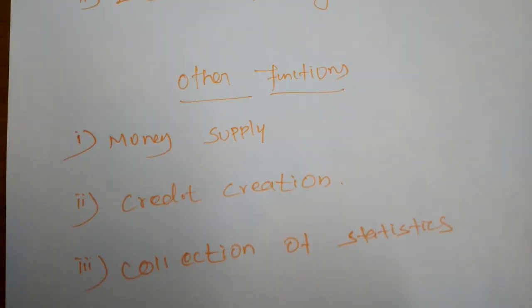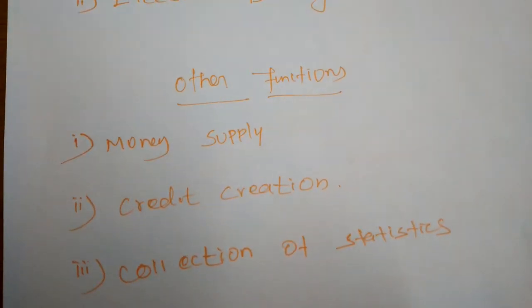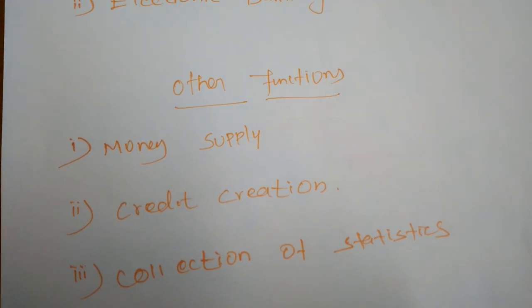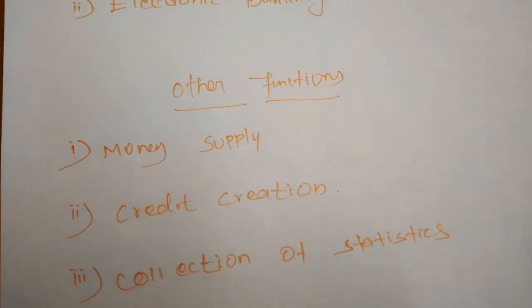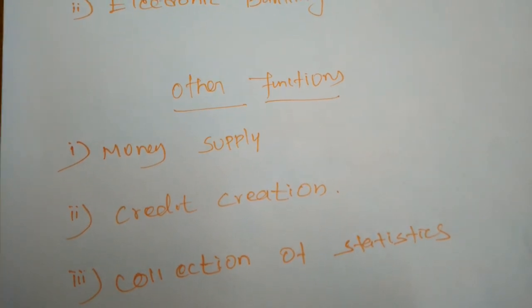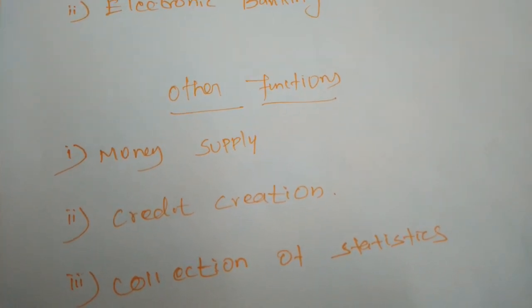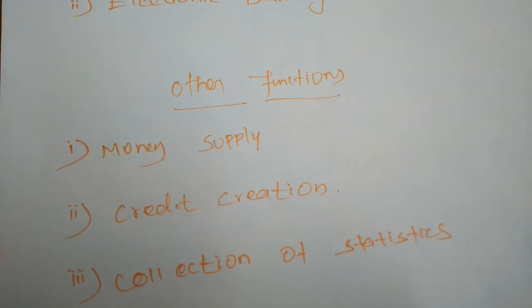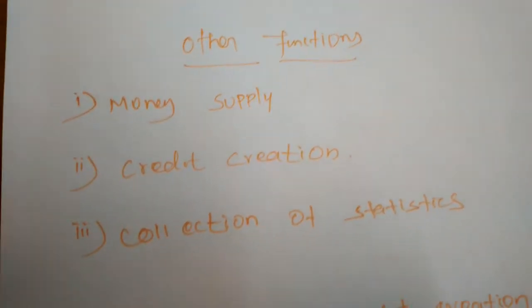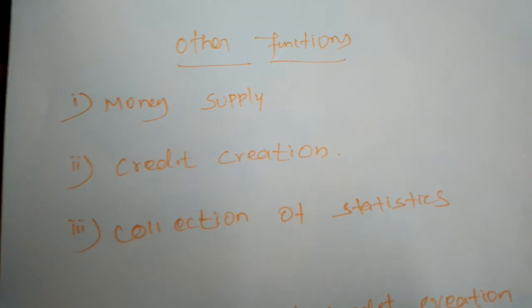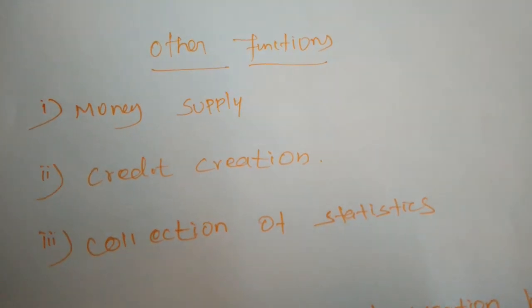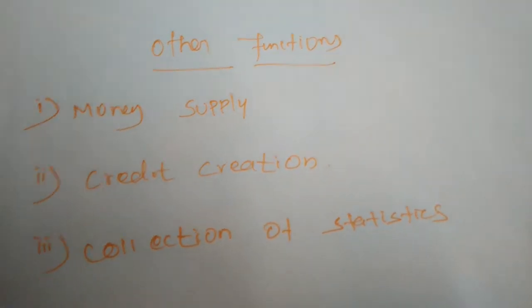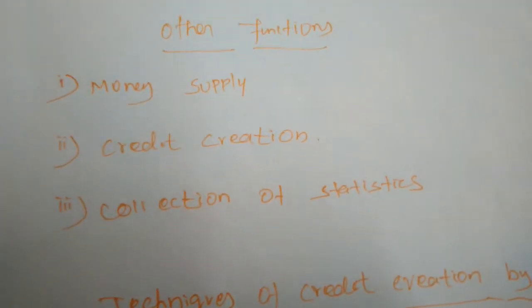For instance, a bank lends 5 lakhs to an individual and opens a demand deposit in the name of that individual. The bank makes a credit entry of rupees 5 lakhs in that account. This leads to the creation of a demand deposit in that account. Suppose people want to borrow money from the commercial bank.